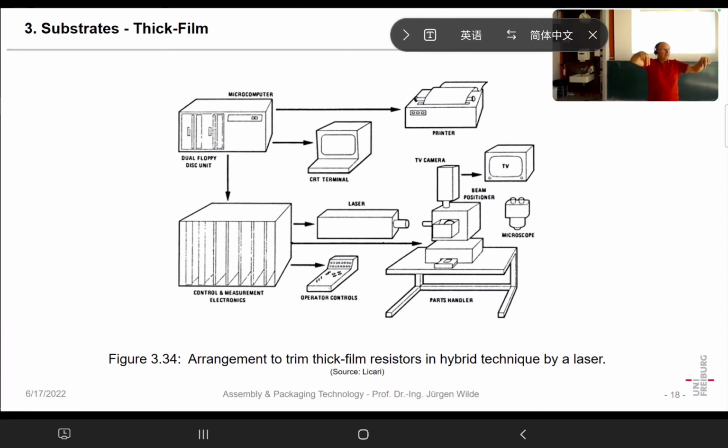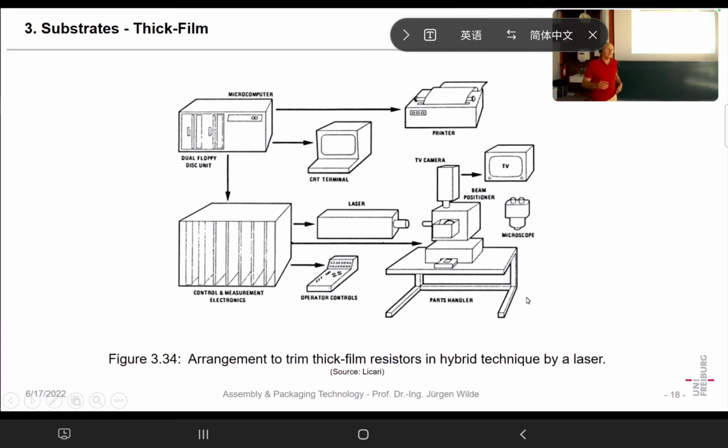It puts 4 pins for current and voltage on the resistor. And then it measures, and while it measures, material is ablated by the laser until the resistance value is the target value. And in that way, that's a machinery. You could say it's a laser machine with simultaneous measurement.